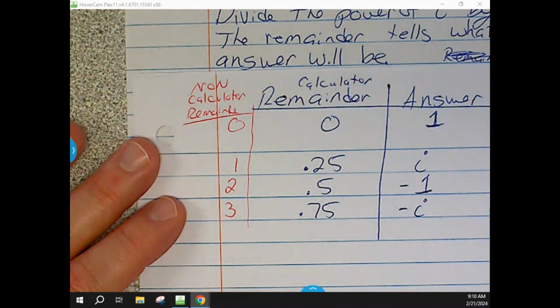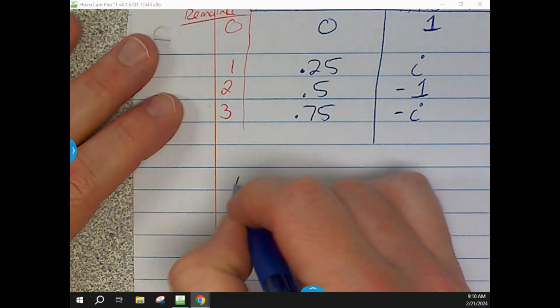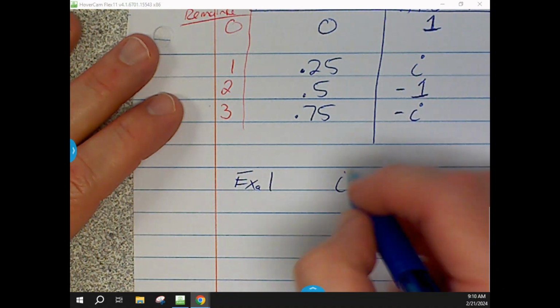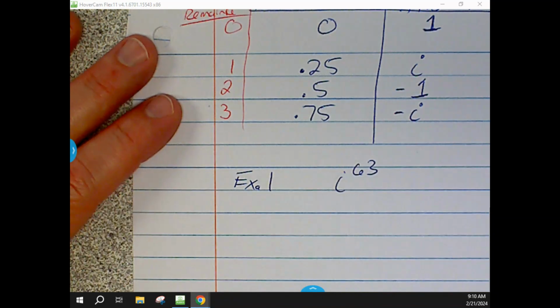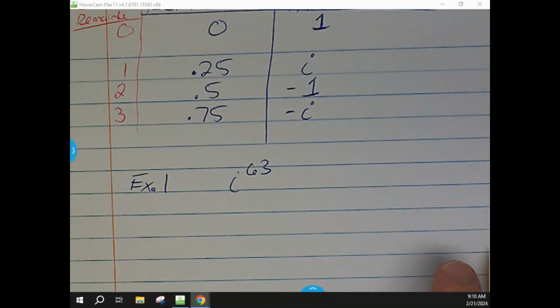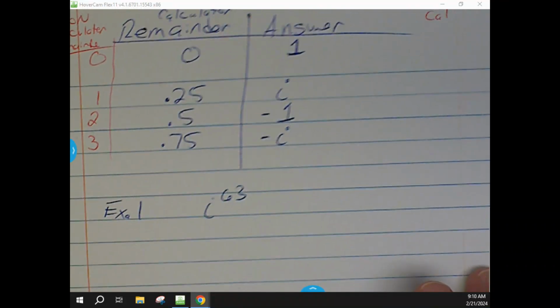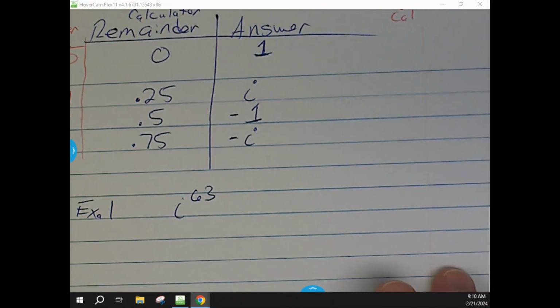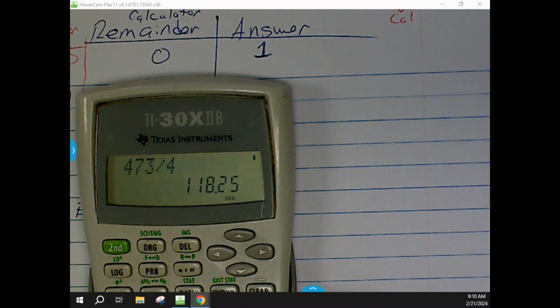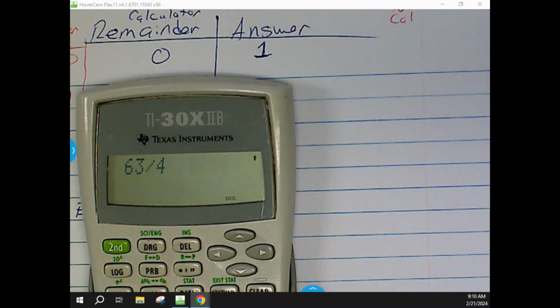All right, so here we go. Here's where we get to practice. Let's do I to the 63rd power. Again, we're going to go with the calculator remainder, so we're going to cover up the part that's in red. All we're going to do is take 63 and divide it by 4.